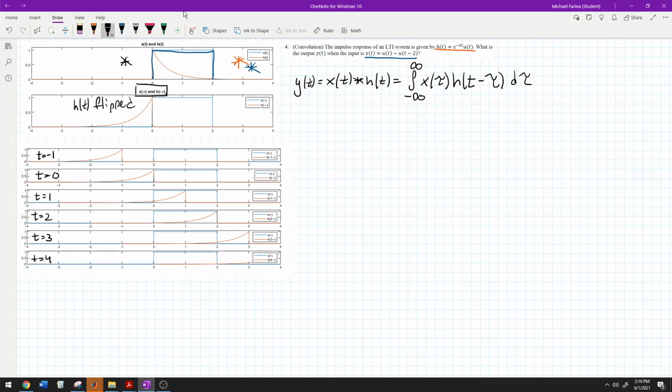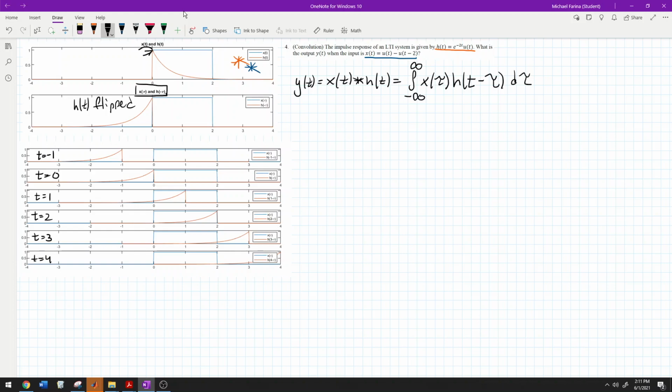And this makes sense because if we were to pass this pulse through the system, the left side of the pulse, which is right here, is going to enter this system first.